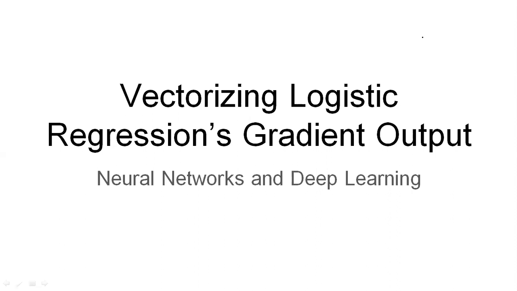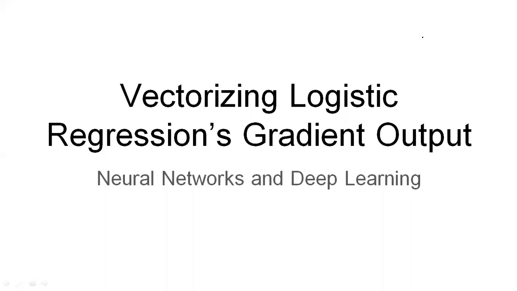Until the last video lecture, we tried to remove all the for loops that we were encountering in solving logistic regression. In this video also we are going to continue this concept and vectorize the logistic regression.